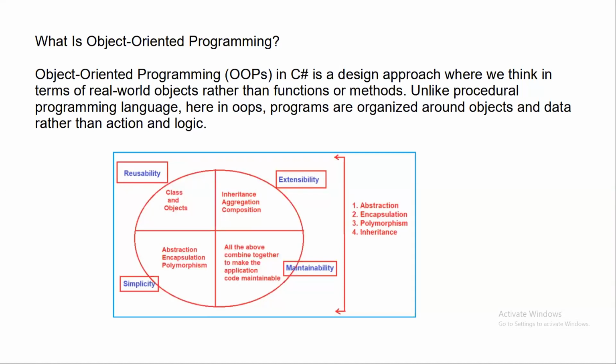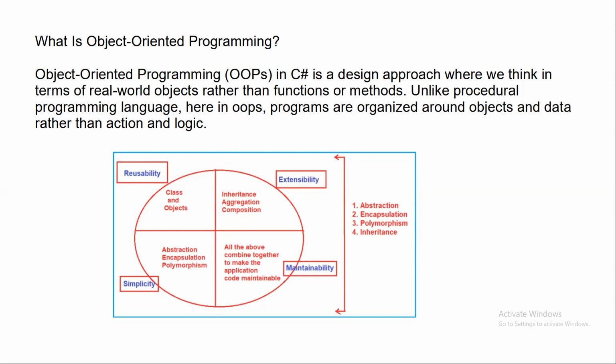So object-oriented programming always works with objects. Everything you refer to is called an object, object, object. In modular programming, you always say functions or methods. But in OOPS, everything is in terms of objects.